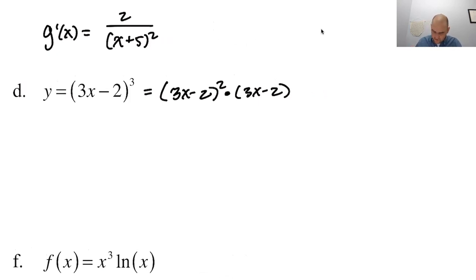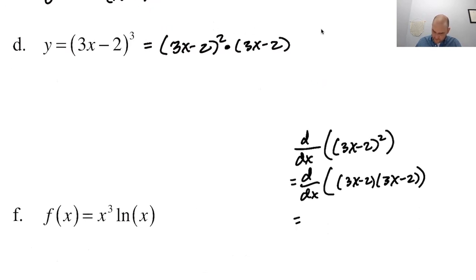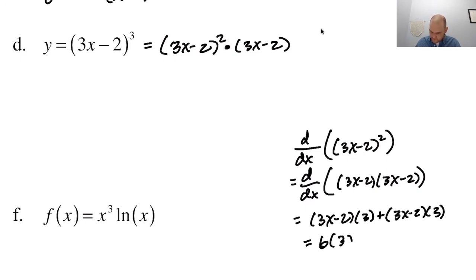I need to know the derivative of 3x minus 2 squared, but that should just be the derivative of 3x minus 2 times 3x minus 2, which would be first times derivative of the second, 3, plus second times derivative of the first, 3. But if you look at it, you just get 2 of that thing. So you get 2 times 3, you end up with 6 times 3x minus 2.